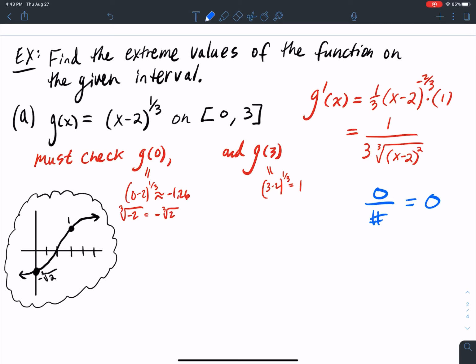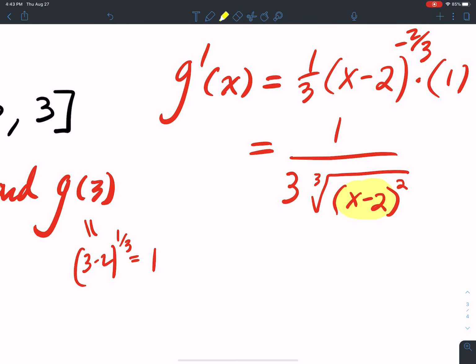If I have a number over 0, that does not exist. So is it possible for 1 to equal 0? No. So it's impossible for it to equal 0. However, I could have 0 in the denominator, which would be dividing by 0, which is a no-no. What number do I plug in for x that would get me 0 in here?